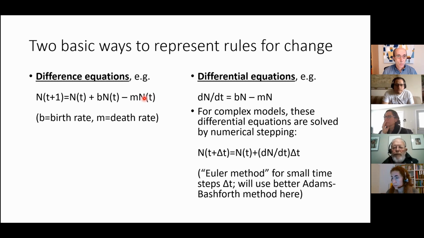The other way of representing dynamics, in order to avoid problems like the fact that some of the deaths will actually be of the animals that were born during a discrete period of time, is instead to write an equation for how fast things are changing at any moment in time. That's the rate of change of numbers, written as a birth rate minus mortality rate.